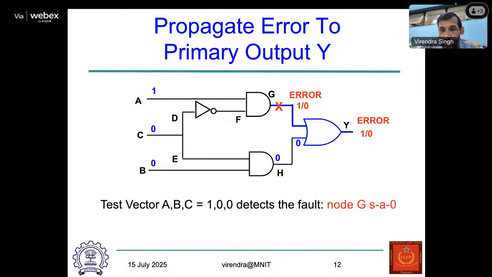If it is a faulty circuit, the output would be 0, and therefore this particular input 1 0 0 can act as a test vector for this. So the requirement from the test vector is that the vector should give me two different values when the circuit is fault free and when the circuit is faulty, so that I can make a decision whether that particular fault exists or doesn't exist.